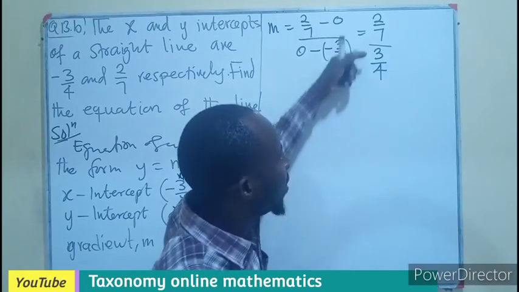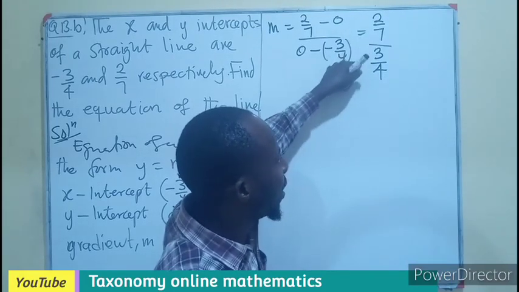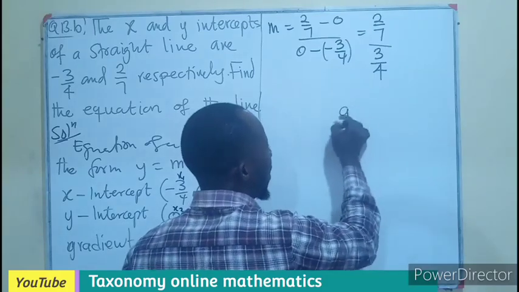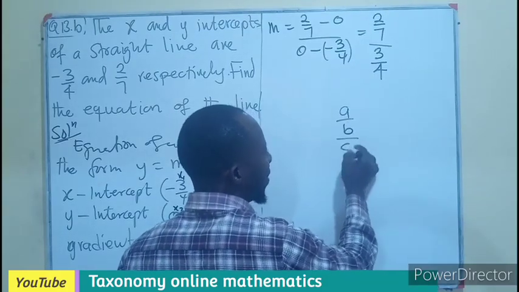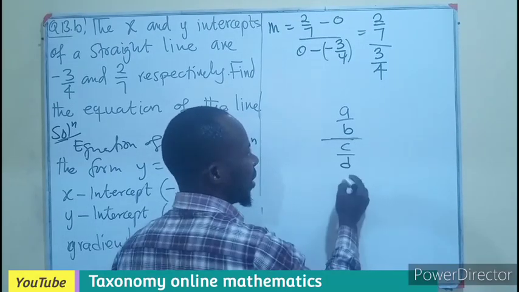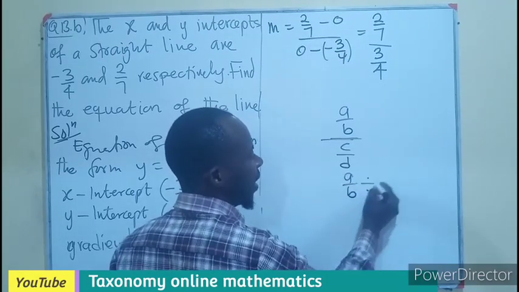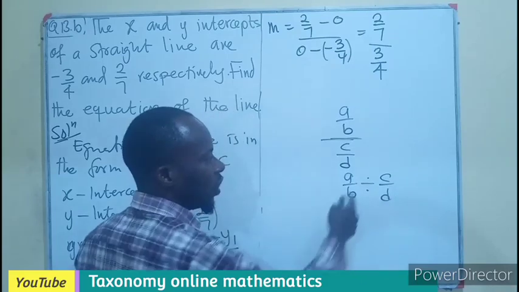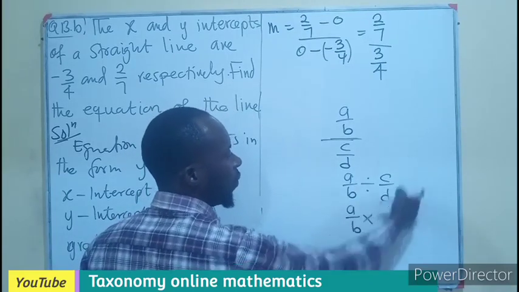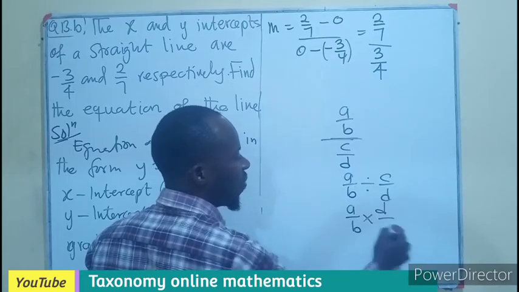Seeing this is a double division, this is going to flip. As in, if I have a over b divided by c over d, this is taken as division. If you change this to multiplication, you flip the second fraction, d over c.